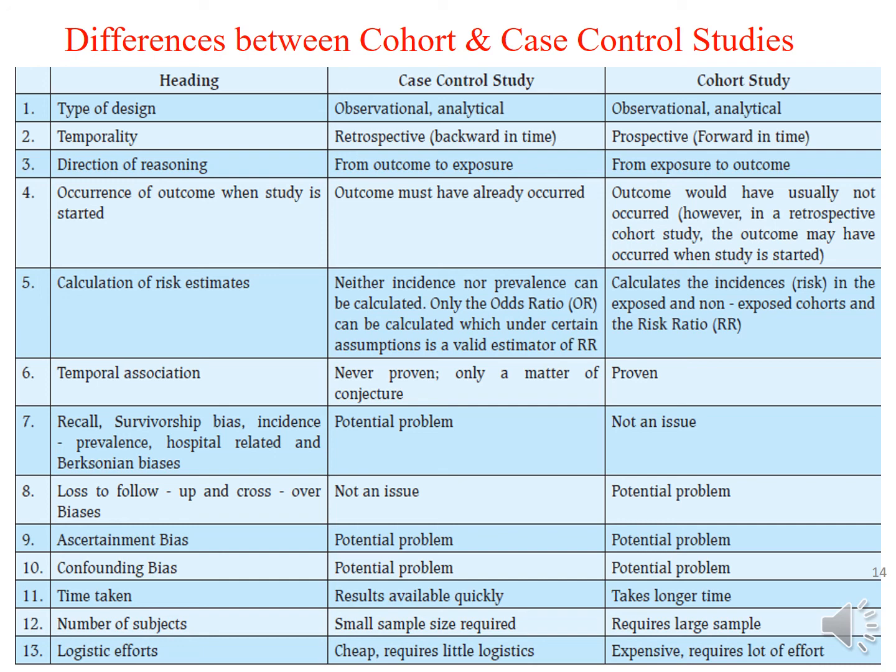Today we have discussed different aspects of cohort study like inbuilt biases, advantages and disadvantages. We also highlighted difference between case control and cohort studies. So up till now we have discussed observational studies designs.